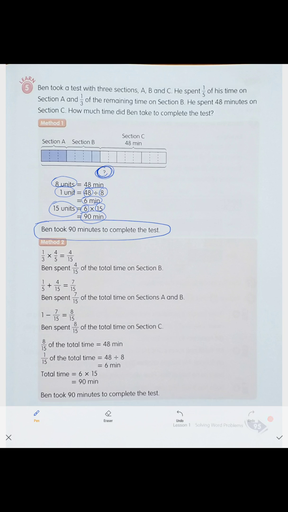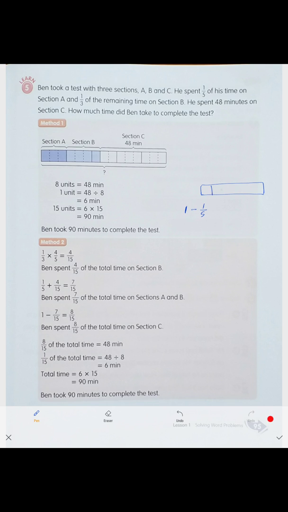Now this is what we did with model drawing. Now I'm gonna erase this. Method 2. How do we do that with fractions? What do we do? As the first step, actually, that they don't display here but it's pretty clear, the total time that Ben spent on the test is 1 whole piece of time minus 1/5.